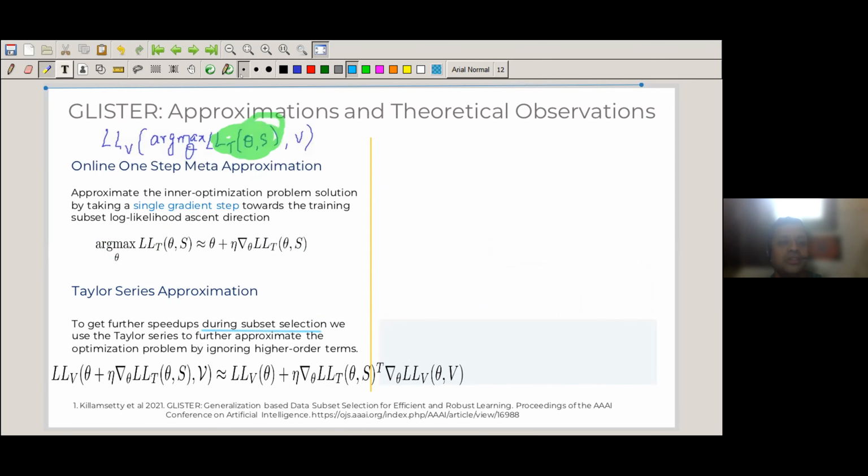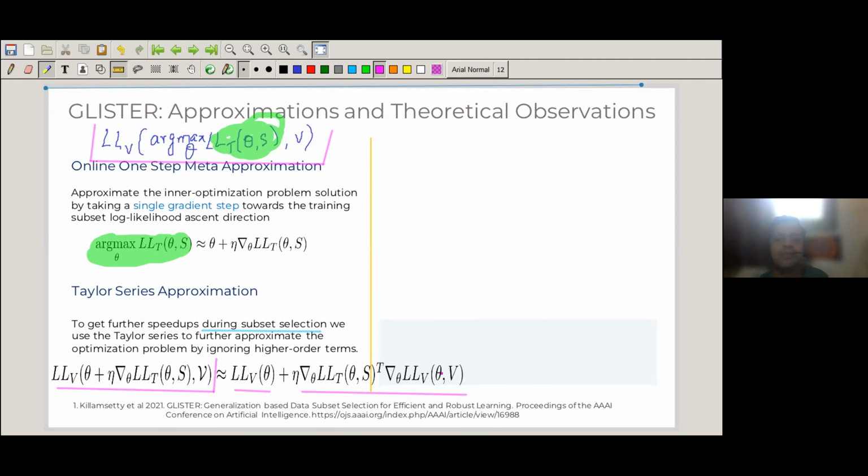So while we approximated the argmax over theta in the previous step, we are going one step further and we are saying, well, this entire expression of likelihood with respect to the validation set, that itself I'm going to approximate as the likelihood with respect to the validation set on theta plus a dot product term involving the likelihood on the subset S with the dot product of the theta on the validation set.